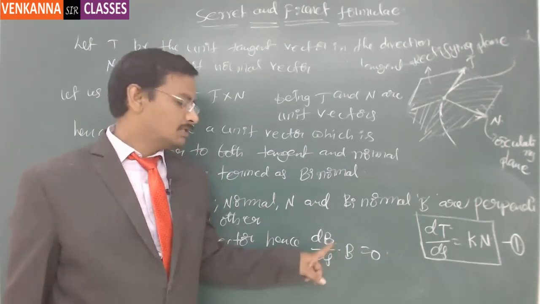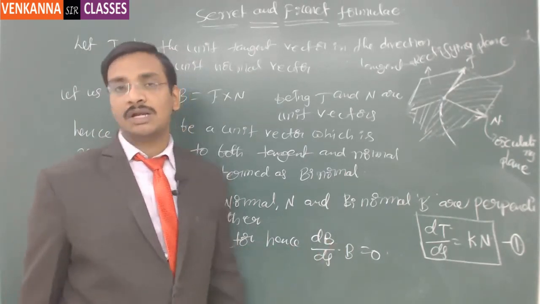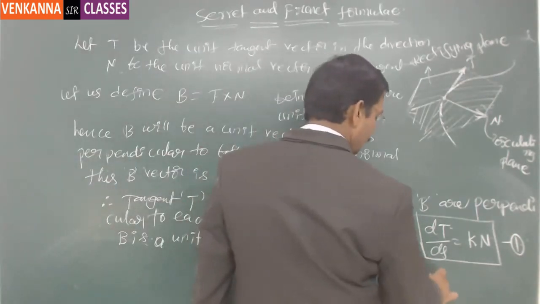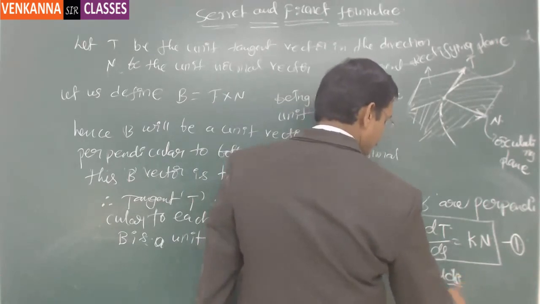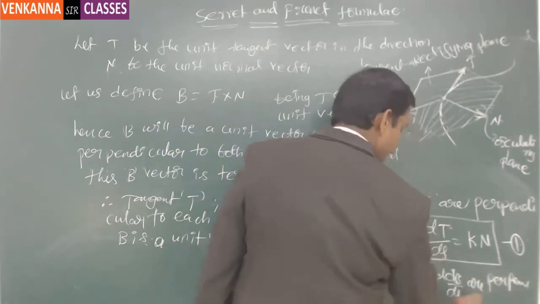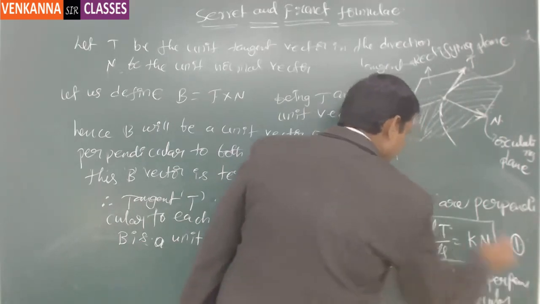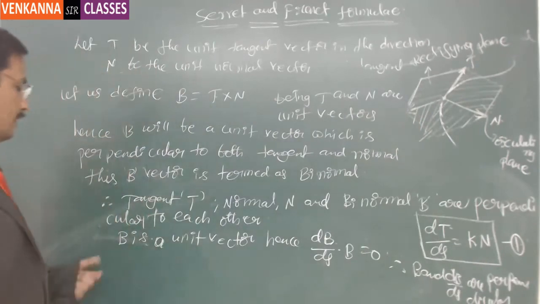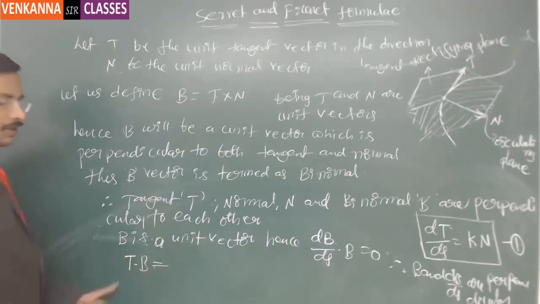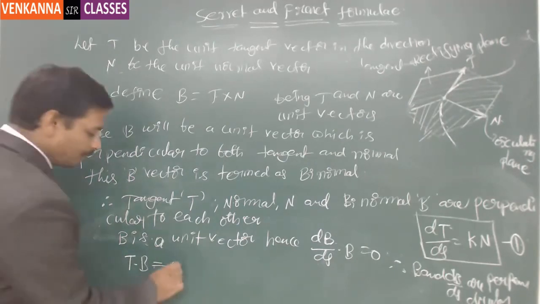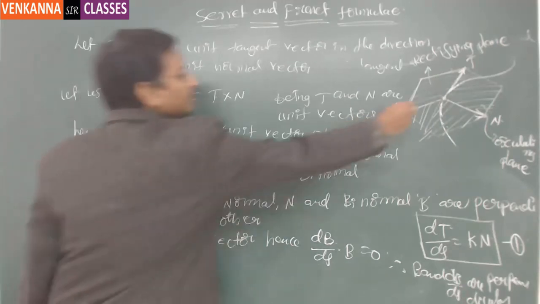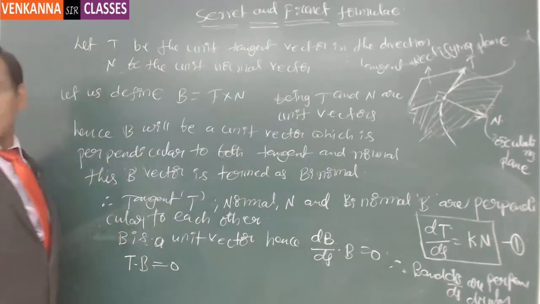Why is the dot product 0? Because B is a unit vector, which is a constant magnitude vector. Therefore B and dB by ds are perpendicular. This is one understanding. Then let us consider T dot B. Obviously T dot B will be 0, because tangent and binormal are perpendicular, at a 90 degree angle to each other.